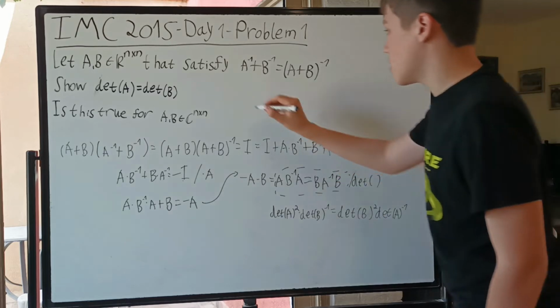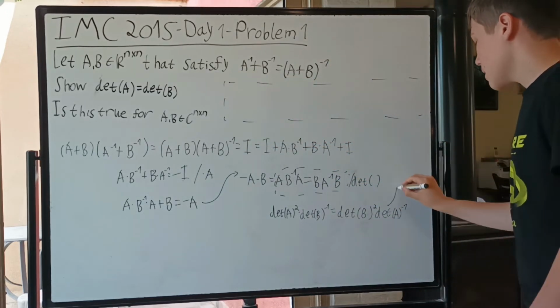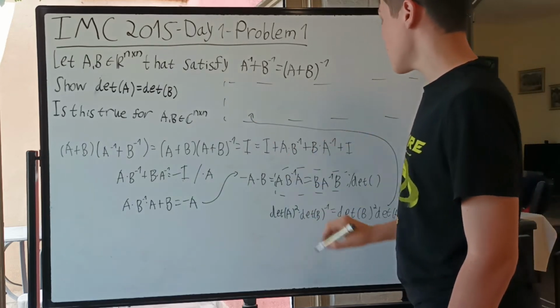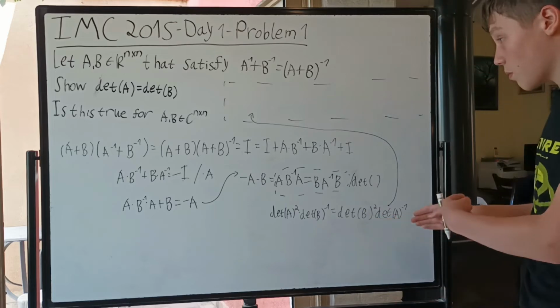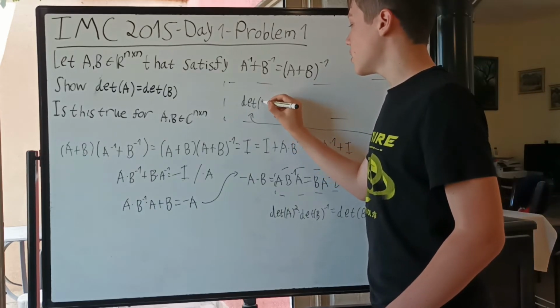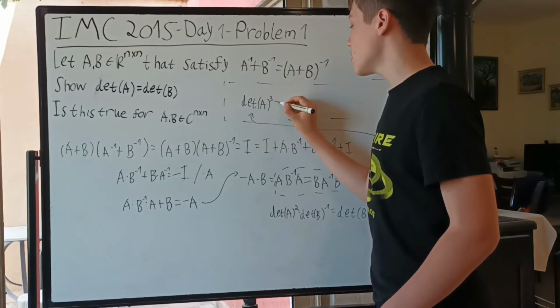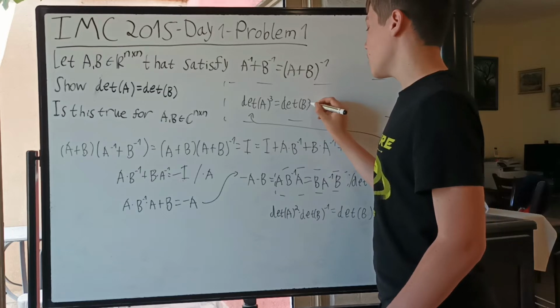Let me bring this up here. I multiply by the determinant of A and the determinant of B on both sides. I'll get that the determinant of A cubed is equal to the determinant of B cubed.